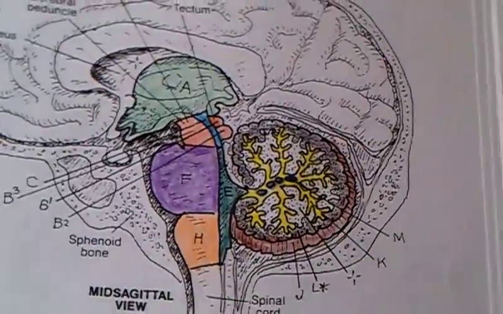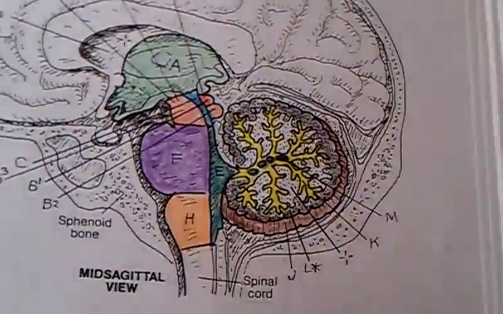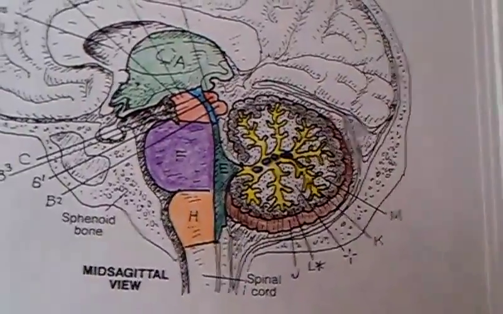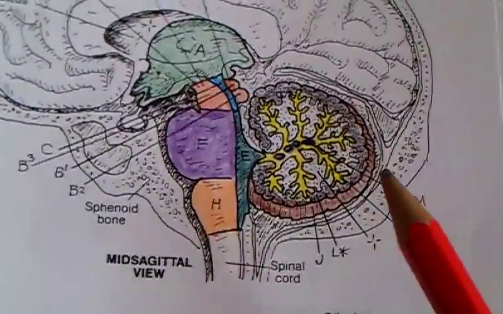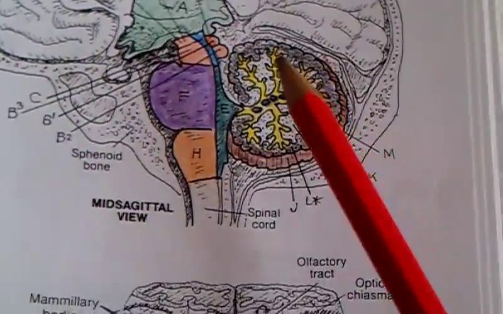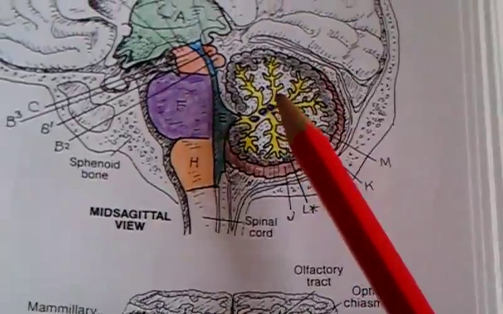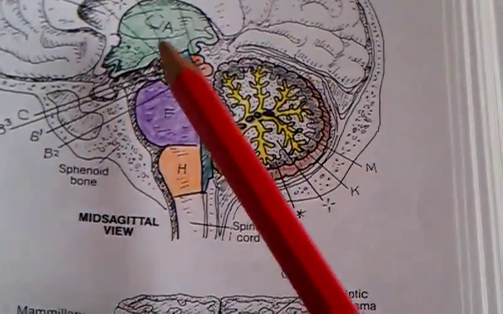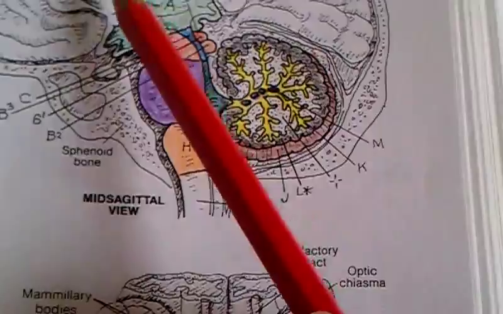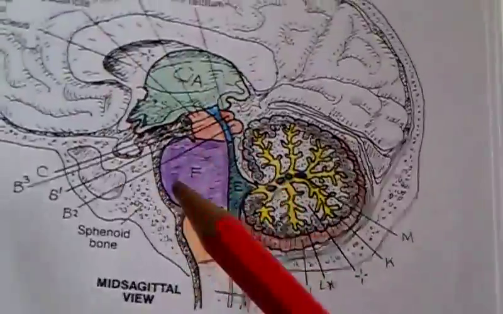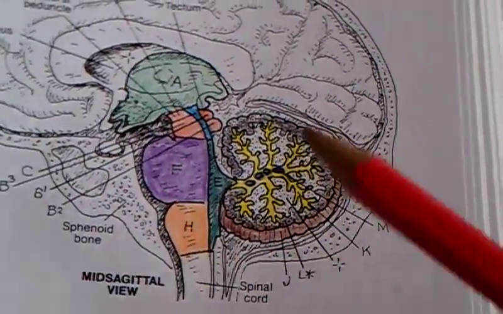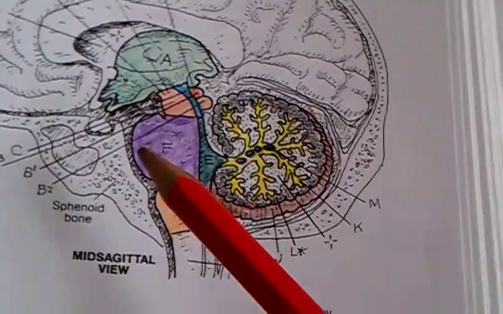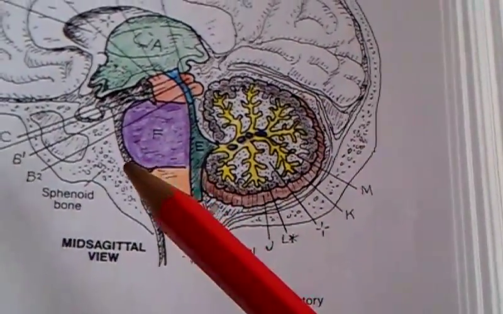Now the efferent fibers that go from the cerebellum, from the cerebellar nuclei. You have the cerebellothalamic tract, which goes from the cerebellum to the thalamus. You have the cerebellorubral tract, and the cerebellovestibular tract that goes back to the vestibular nuclei and vestibular apparatus.